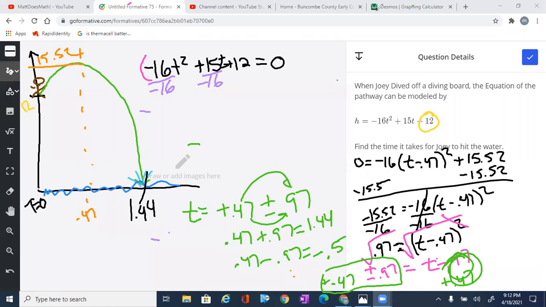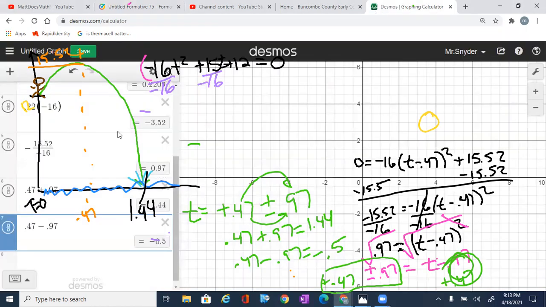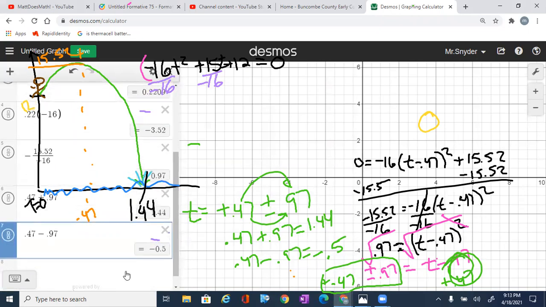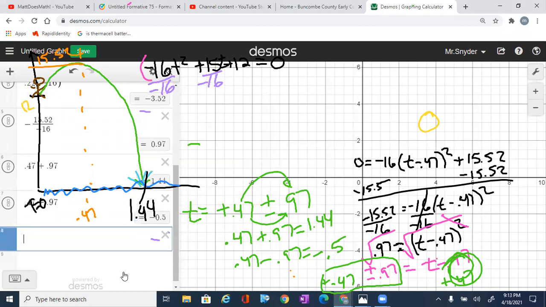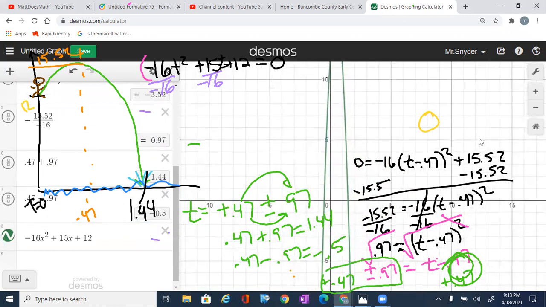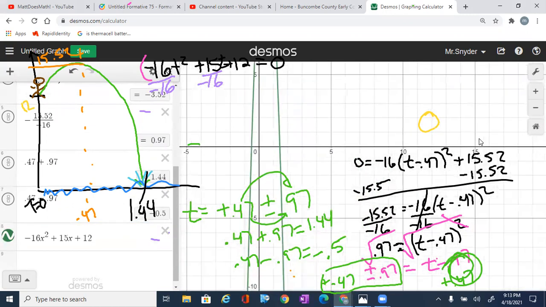I'm going to go to Desmos, and I'm going to turn on the equation, or actually I don't even have it typed in. I'm going to type in the equation. Let's go back to our original equation, negative 16x squared plus 15x plus 12. And I'm going to see if I can find out when he hits the x-axis.